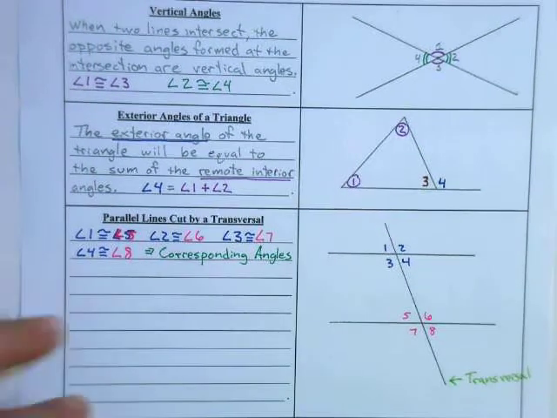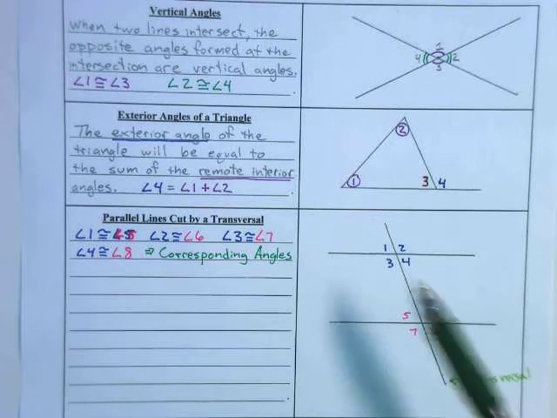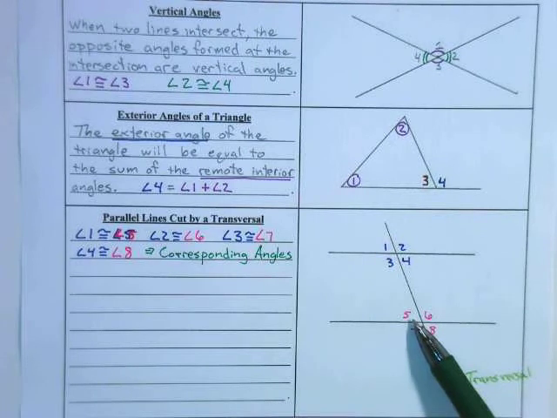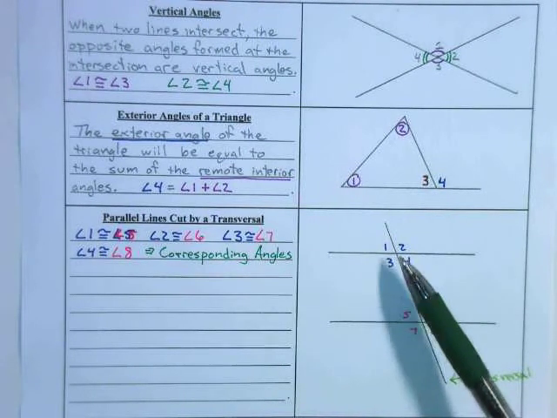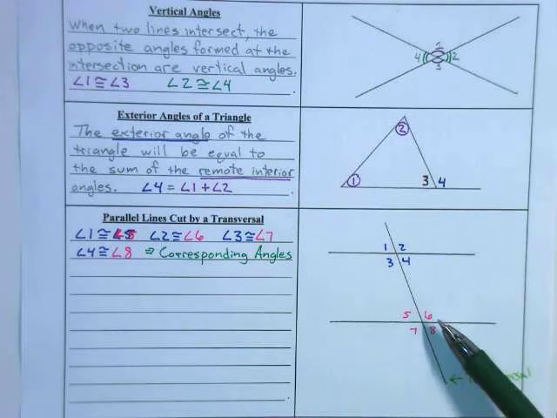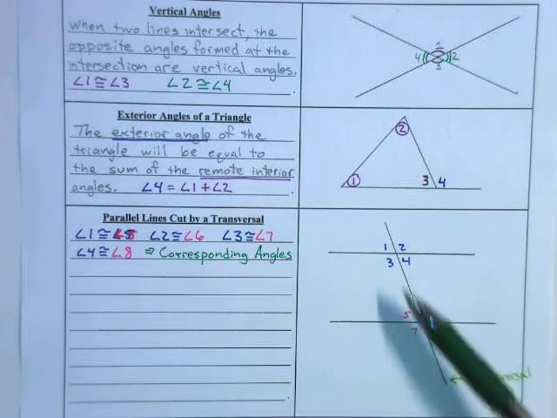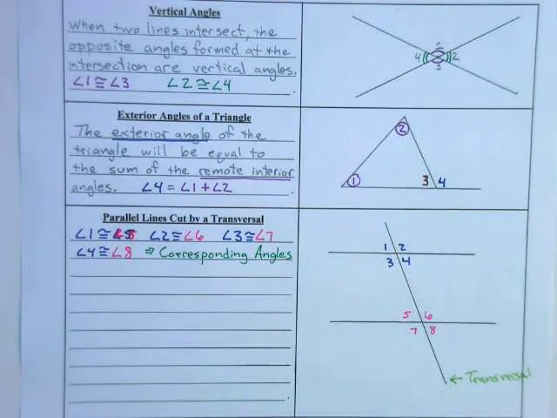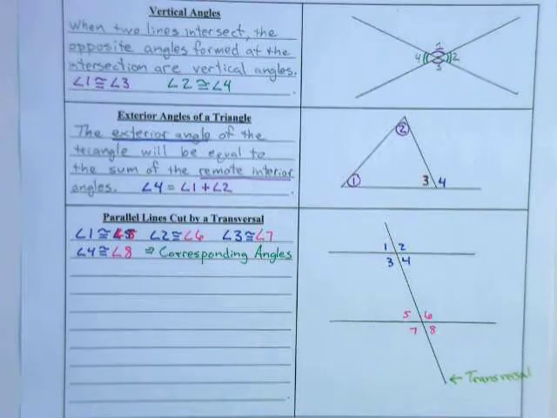So what that means is if you compare the location of angle 1 to the location of angle 5, it is in the same location compared to all of the other angles. And the same with angle 2 and angle 6, angle 3 and angle 7, angle 4 and angle 8. They are in the same location.